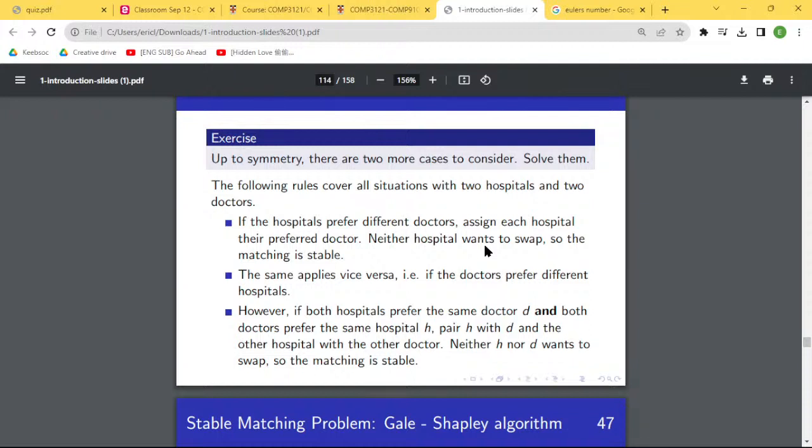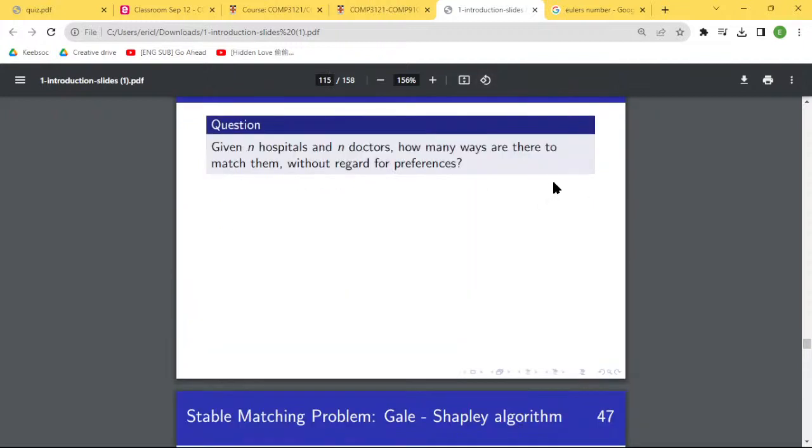Is it stable actually? Because you choose hospitals at random, don't you? Is it stable? Don't know.